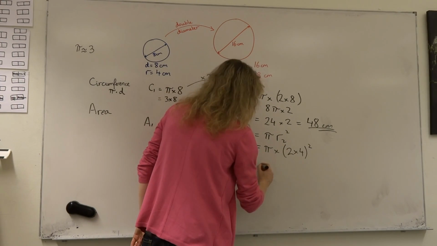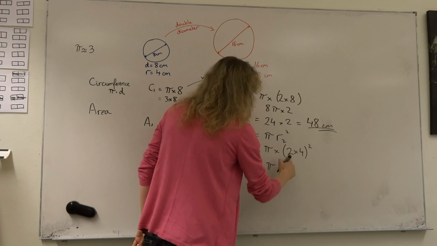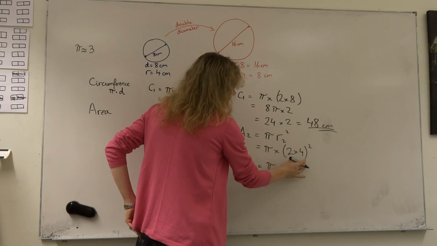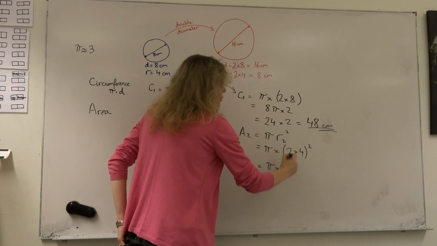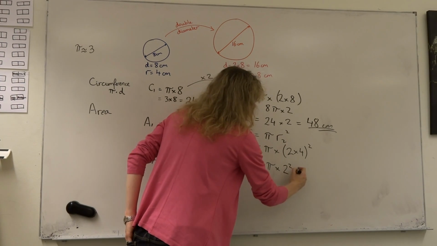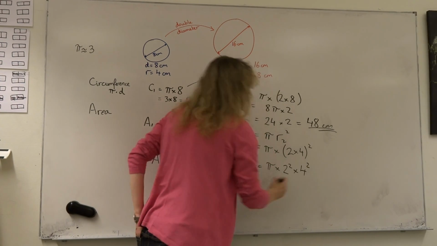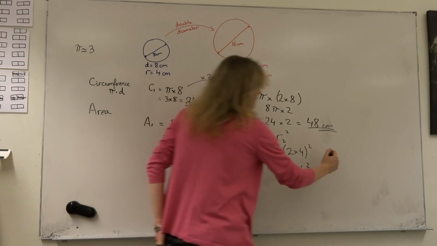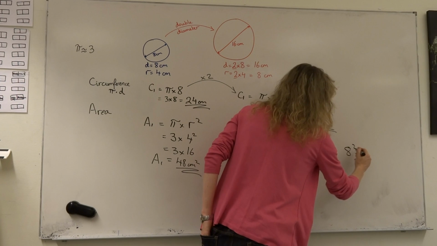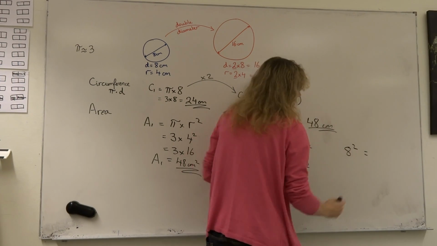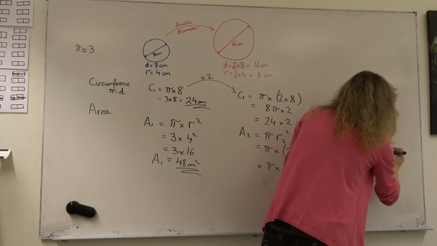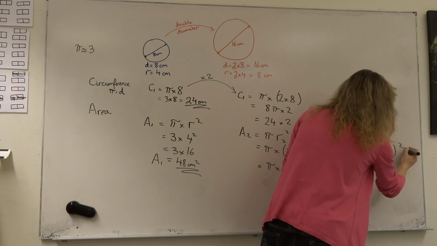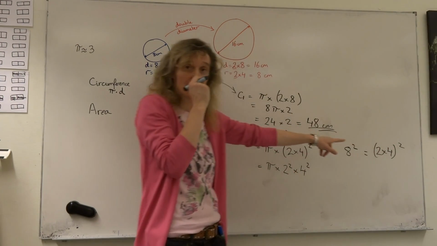When you're squaring everything inside the brackets, we'd have 2 squared and 4 squared. So 2 times 4 is the same as 8, and 8 squared is the same as 2 times 4 all squared. These are exactly the same things.